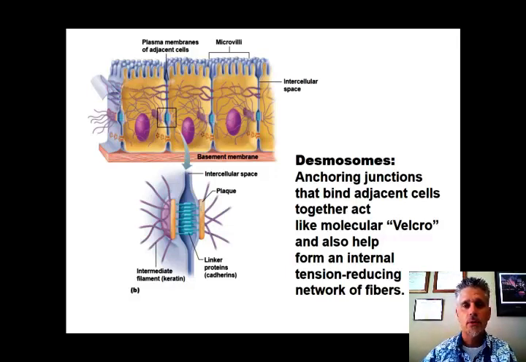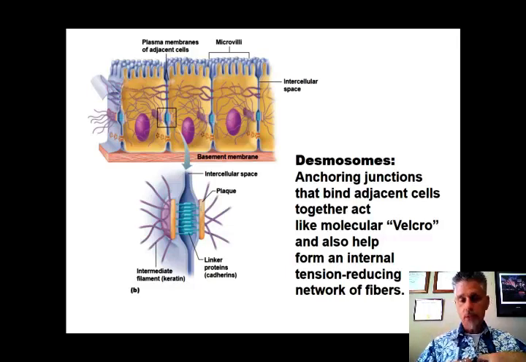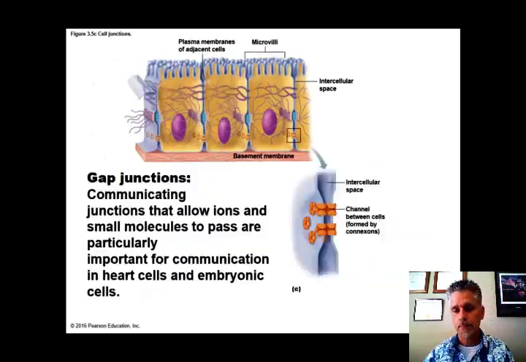So desmosomes are a little bit like Velcro, where we're holding them together. You can almost think of it like a button as opposed to Velcro, right? So if you see a button, these two parts of my shirt are held together in that one spot. But adjacent to it, you can actually get passage of materials. So desmosomes are little spots, spot welding, or a button or a Velcro in one particular spot.